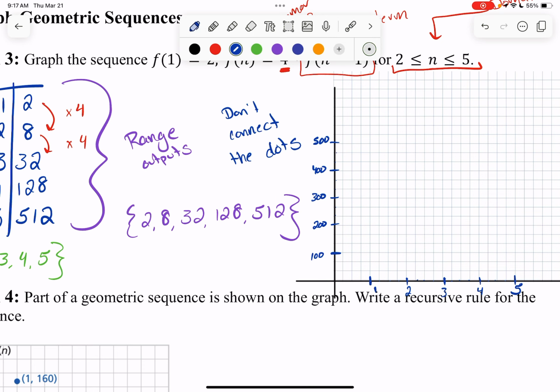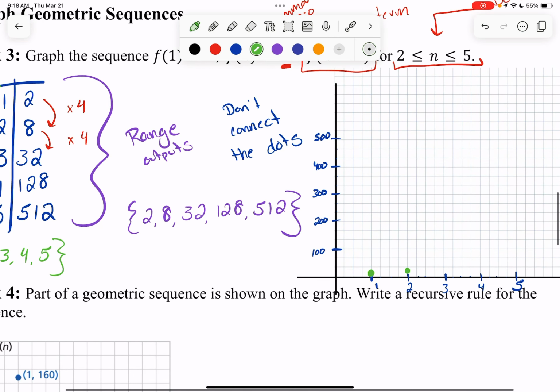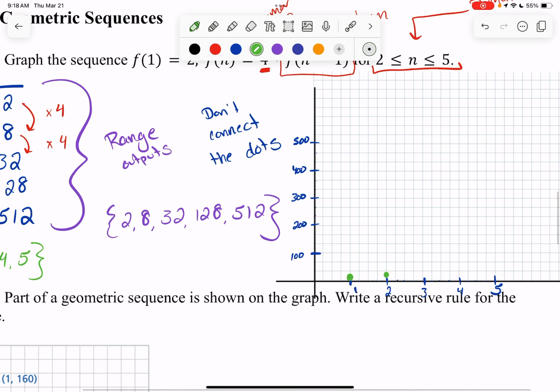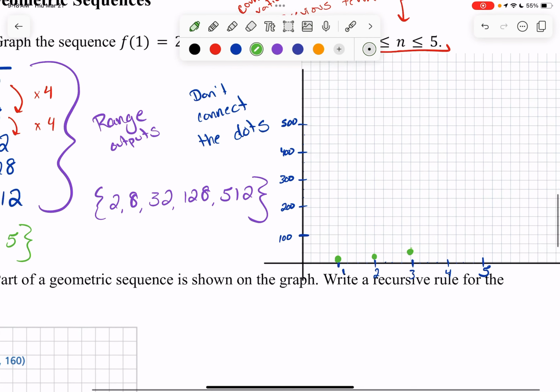So for a 1, I get a 2. When I graph that point, it's going to be right here. When I put in a 2, I get an 8. That's going to be barely more than that. When I put in a 3, I get out 32. So 3 would be 32. Well, 50 would be smack dab here in the middle, so it's going to be maybe right there. 4 is 128.